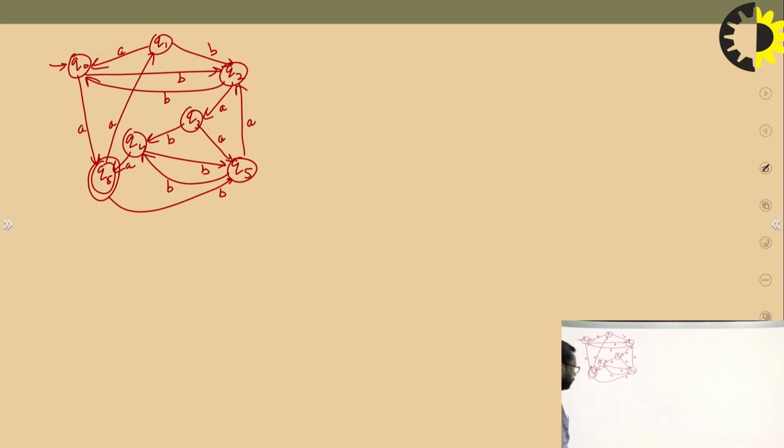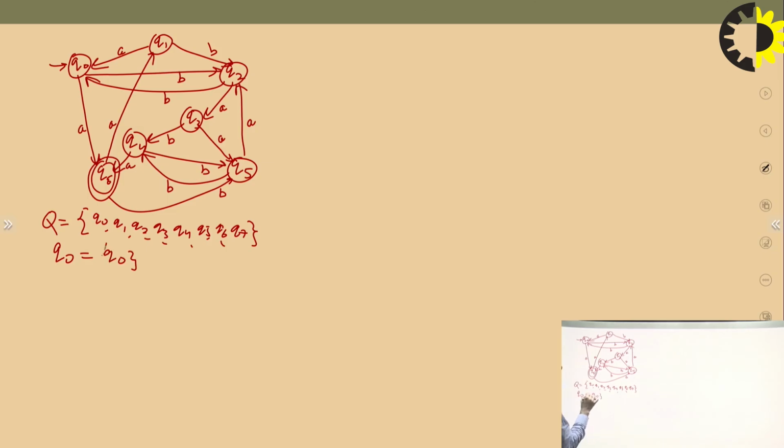So in the starting, Q contains these states, where q0 is the initial state and the final state is q6. So these are the basic parameters given in the question.